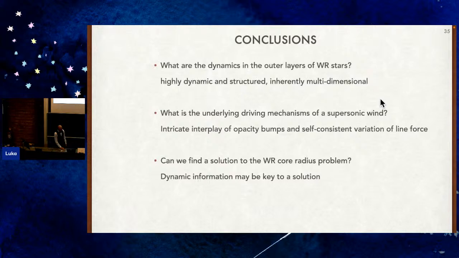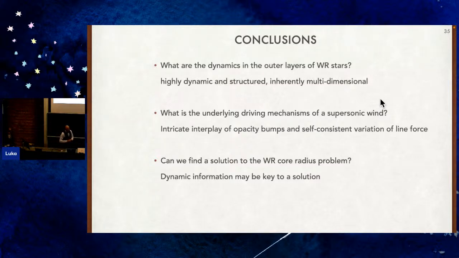This brings me to the conclusions, and I hope throughout the talk I managed to convince you that the outer layers of the Wolf-Rayet winds are very dynamic, very structured, and their behavior can only be described in multi-dimensions.